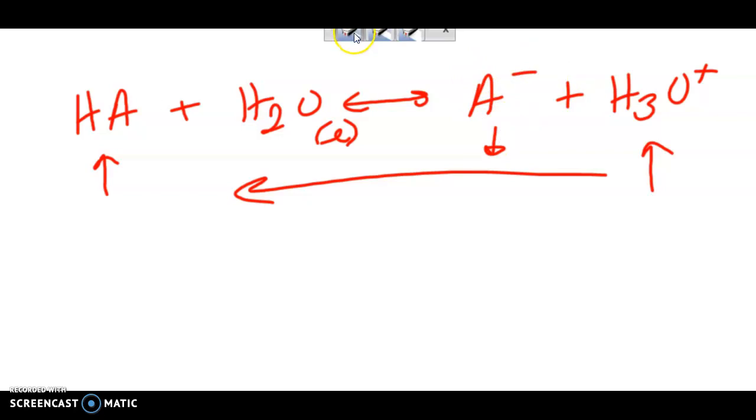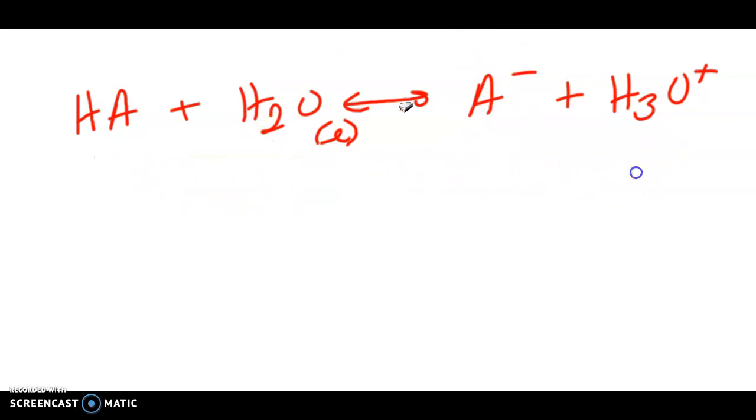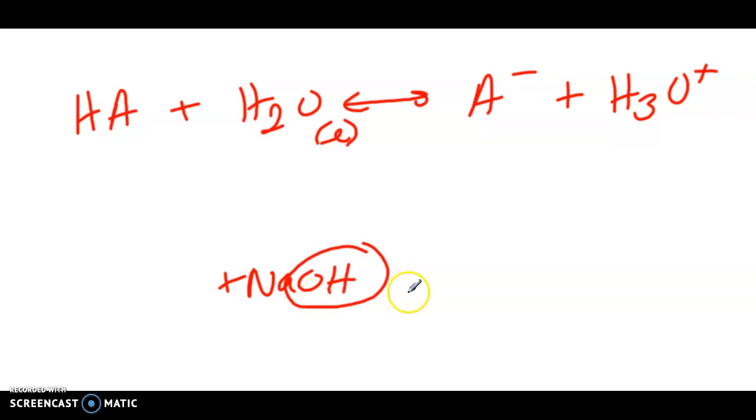Now, the reverse will happen if we were to add in a strong base. So if we were to add a strong base into a buffer equilibrium, remember that the strong base will fully dissociate and we have hydroxide ions. So when hydroxide is with hydronium, it's going to essentially cause a side reaction. The hydronium and the hydroxide are going to neutralize each other.